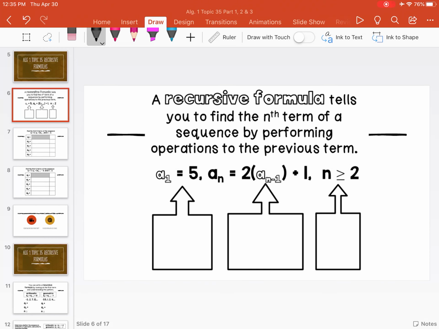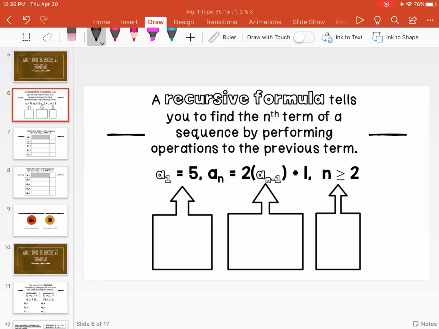First off, what is a recursive formula? In Topics 33 and 34, we used explicit formulas in order to summarize an arithmetic sequence as well as a geometric sequence. Recursive formulas is just another way to write those sequences.